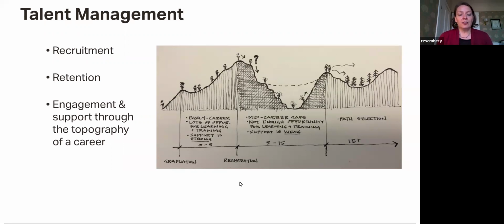What's important for us as organizations and as people who are working together with our colleagues is to create bridges through these life stages. Whether it's achieving licensure, becoming a new parent, or transitioning from being a manager to a leader, which are two entirely different skill sets, we really need to identify that these peaks and valleys exist and develop support structures to bridge in crossing these valleys. Next slide.